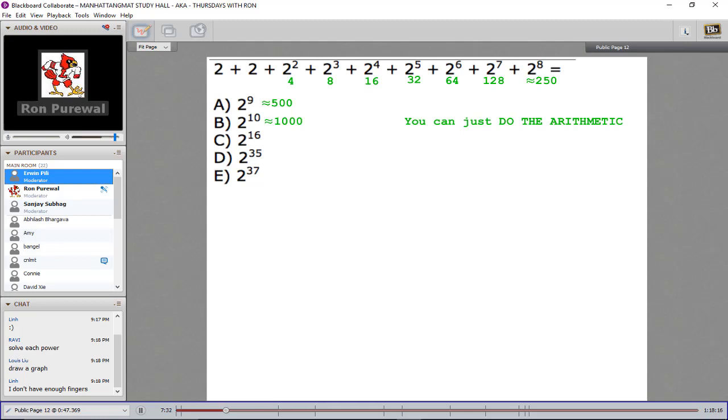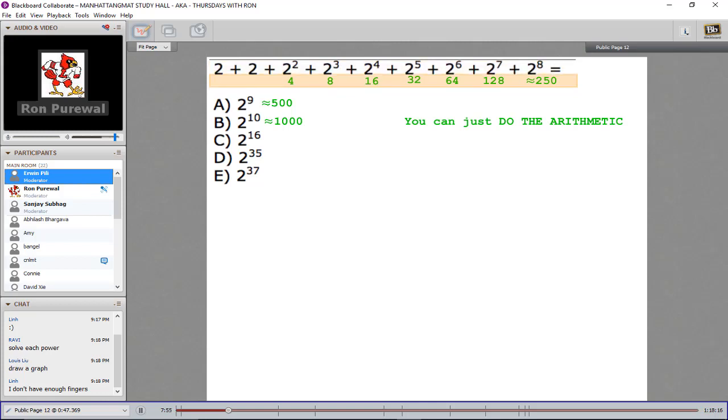Guys, look how big these numbers are now. A lot of people pick C. In fact, as many people pick C as the correct answer, and then we also have people picking D and E. But look at these numbers. These numbers are nowhere close.